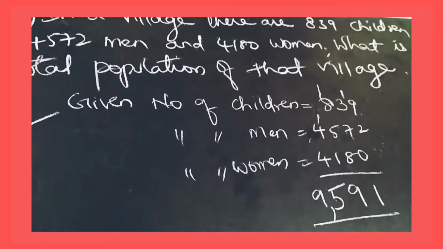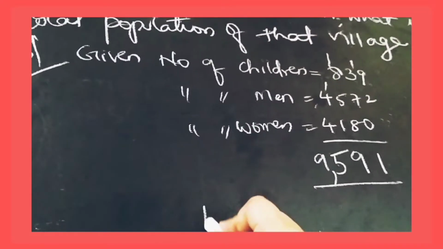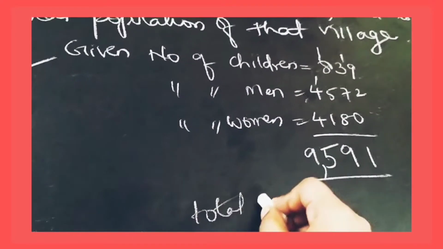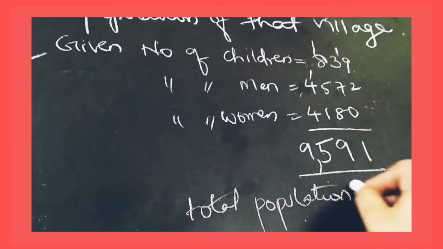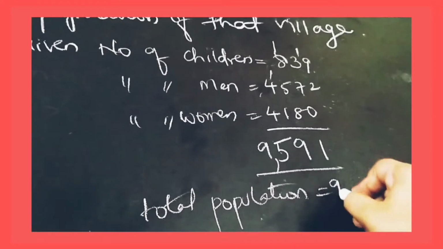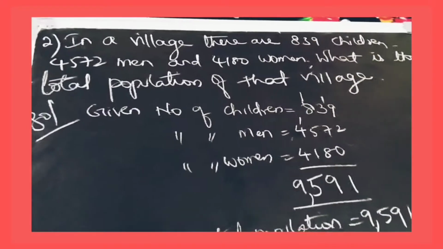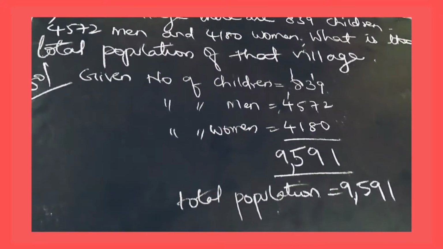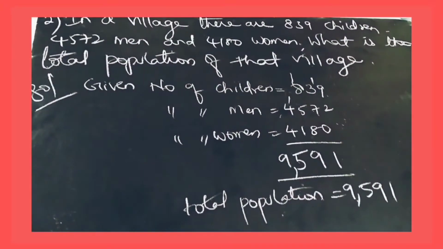So total population of that village is 9591. So you have to write total population is equals to 9591. So total means you have to do addition.